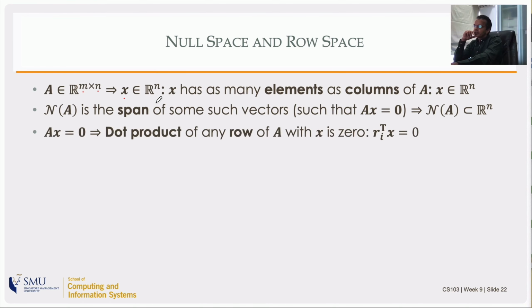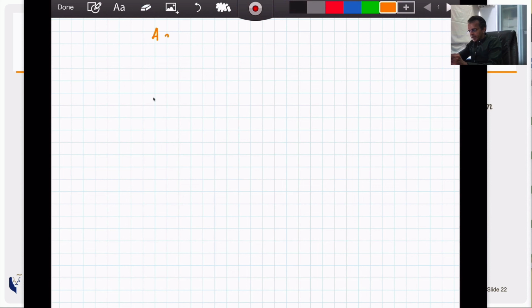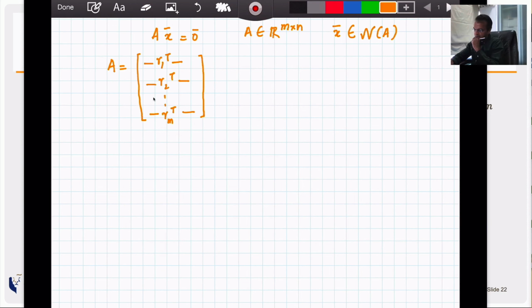Now, if you think about Ax equal to 0, I'm thinking of x in the null space of A. Let me write A as a bunch of rows, not as columns. So that's my matrix A, and x is here, and I'm saying that is equal to 0.